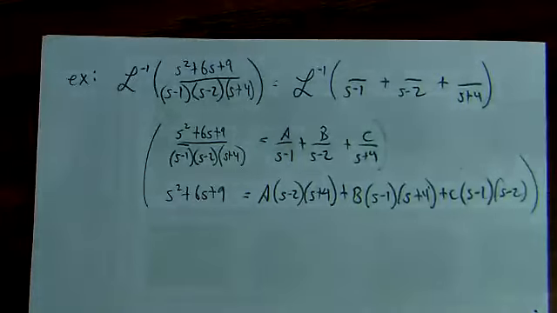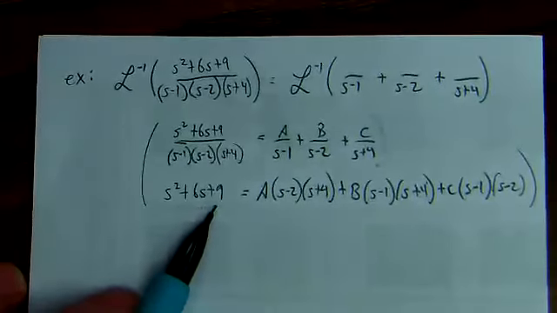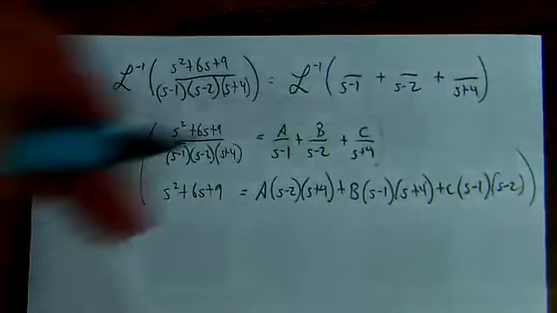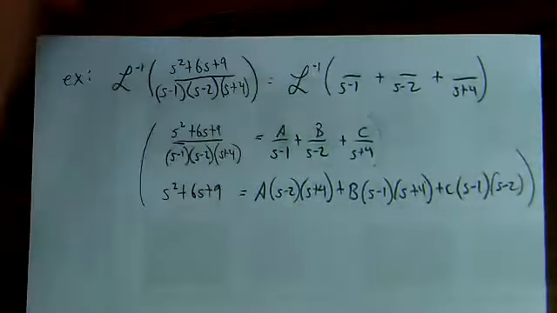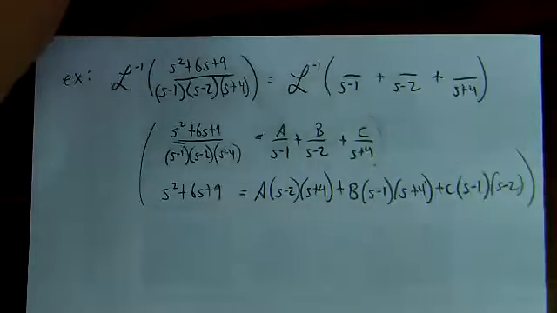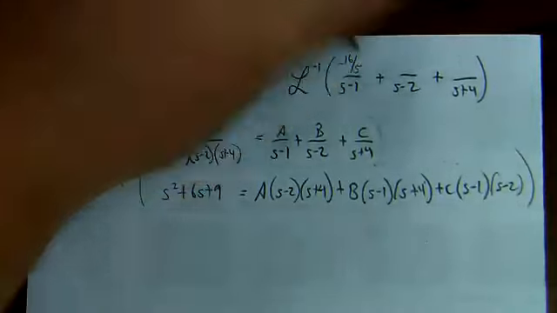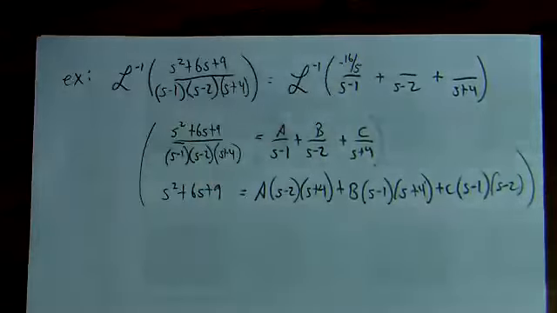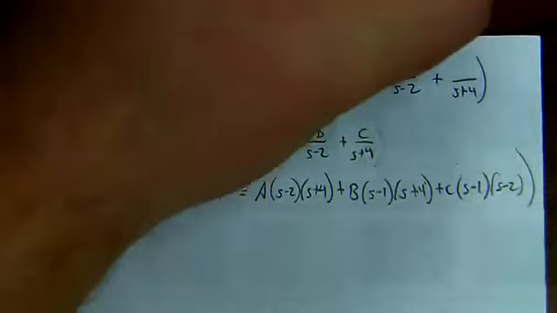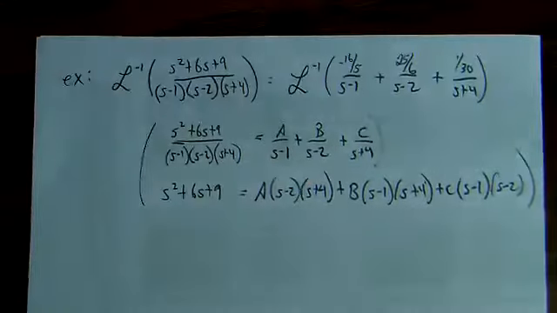If I multiply everything out, there's some combination of a, b, and c, which give me 1 s squared, 6 s's, and 9 units. Solving this actually tells me that a is negative 16 over 5. B is 25 over 6. And C is 1 over 30 in this arrangement.